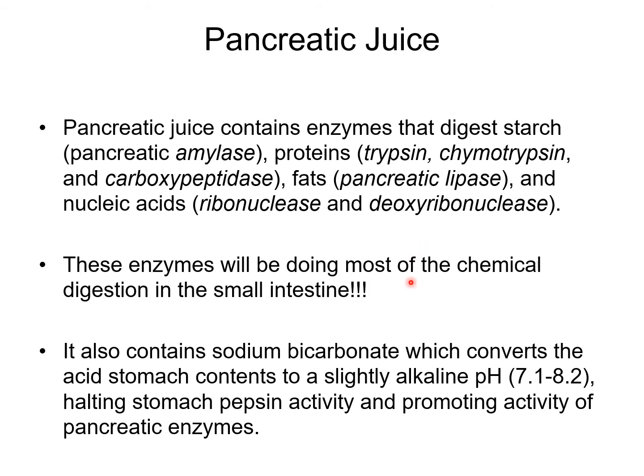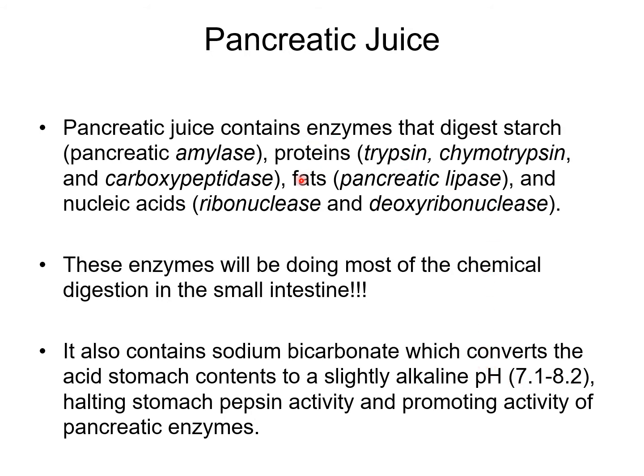So the pancreatic juice has another important ingredient, sodium bicarbonate. In addition to these enzymes, we have this alkali agent, and this alkali pH is enough to neutralize the acid in the stomach.